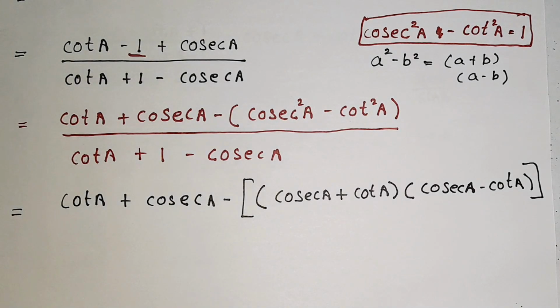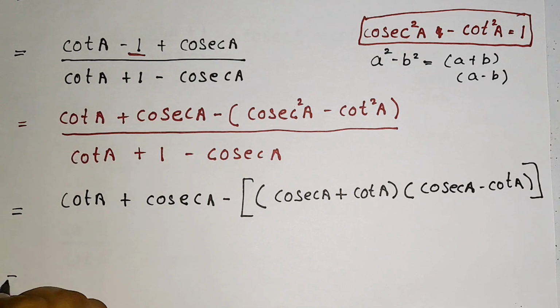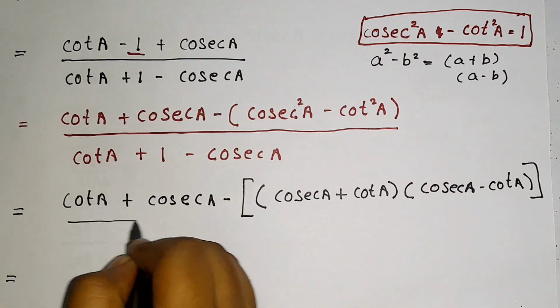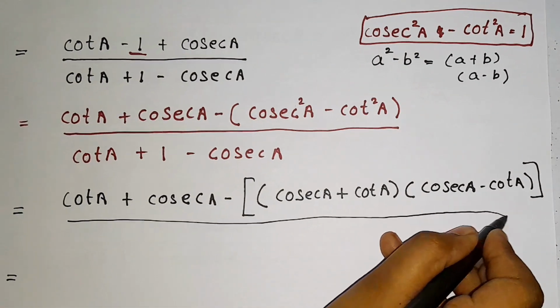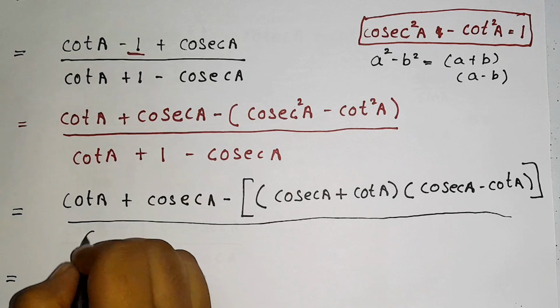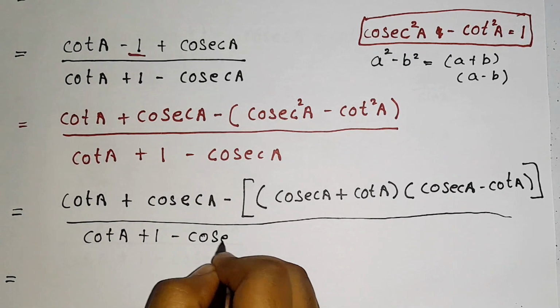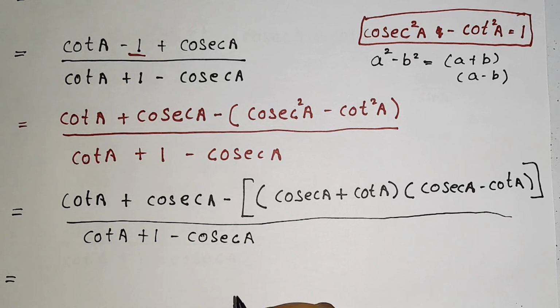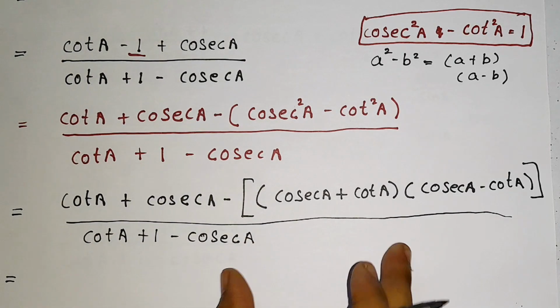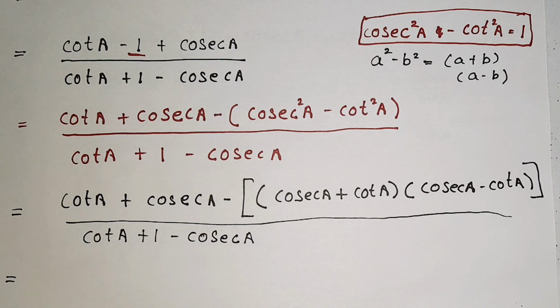So for the next step, I am going to write is equal to, and we are supposed to write divided by cot A plus 1 minus cosecant A. Okay, if you want you can write it in the middle. So here we got something like this, isn't it?